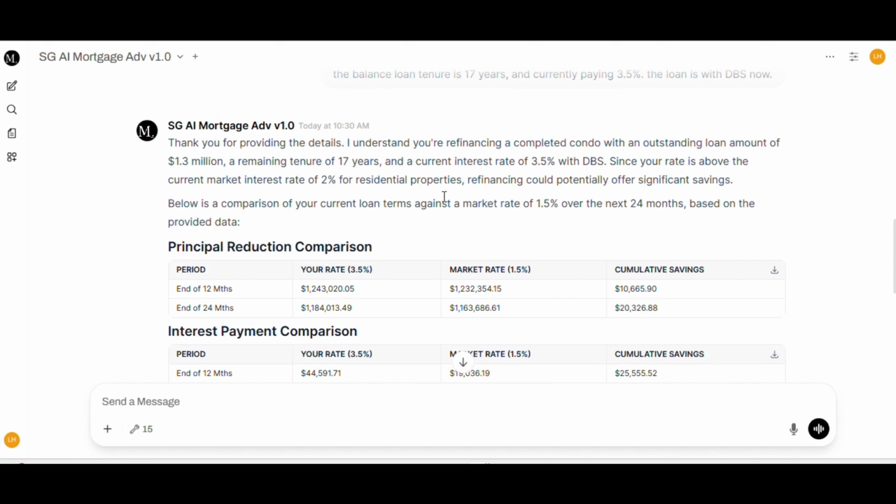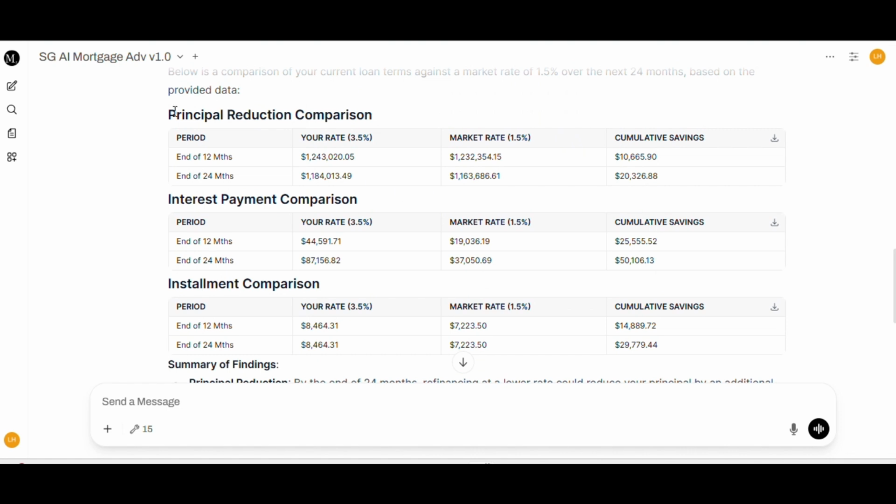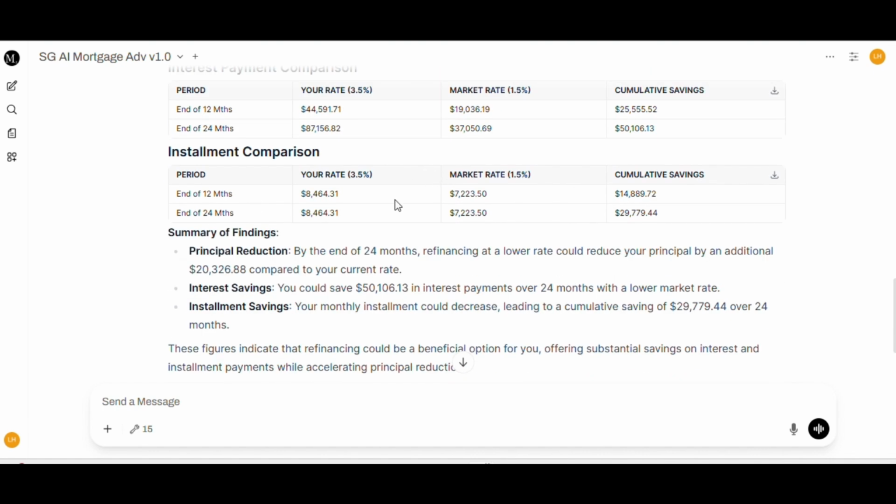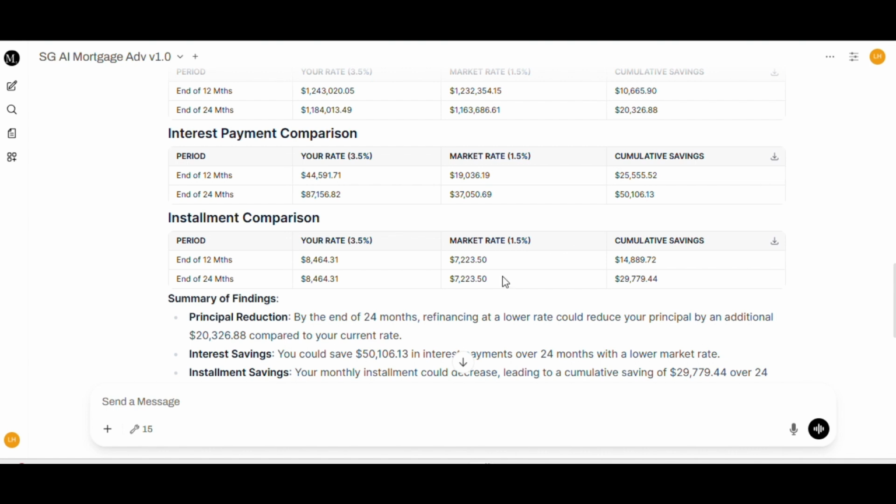Okay, let's see the AI's response. The AI captures all the key information in your prompt and breaks it down into 3 tables for you. It compares your installment, because most people are more concerned about what the new installment amount is after they switch banks, right? People prefer a lower cash outlay every month.